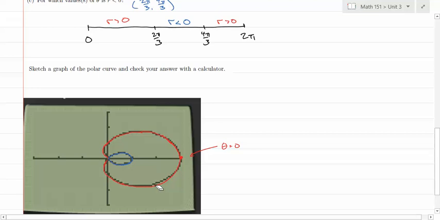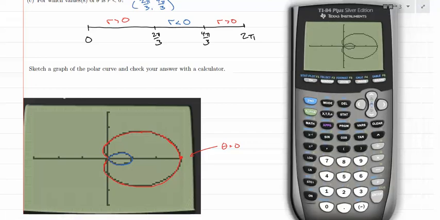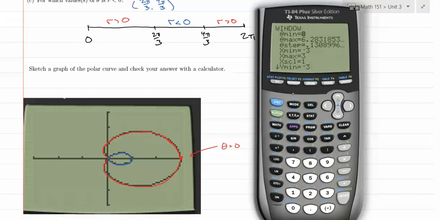So when you're talking about this graph, there are really three separate portions, and it's instructive to play around with the window to understand those three different portions.